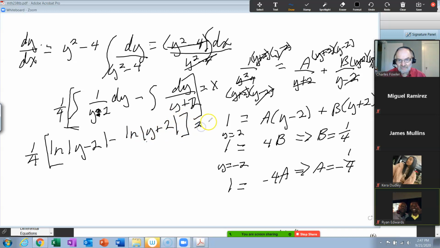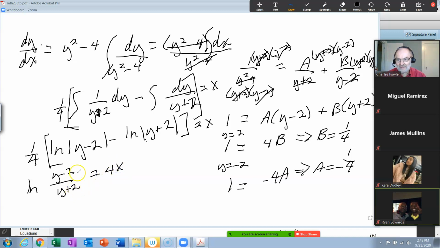And this is equal to x. So first thing I'm going to do is multiply both sides by 4. So this gives us the log of y minus 2 over y plus 2, because when you have a difference of logs, that's the log of the quotient, is equal to 4x.